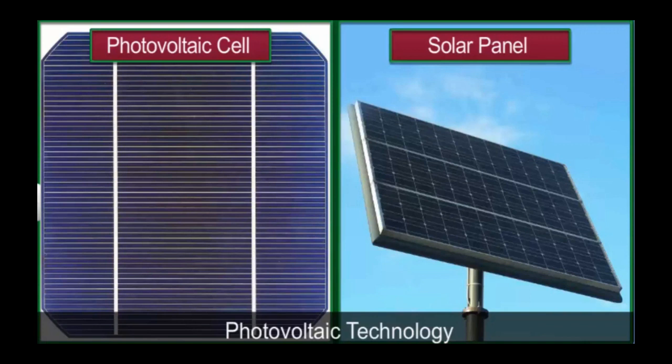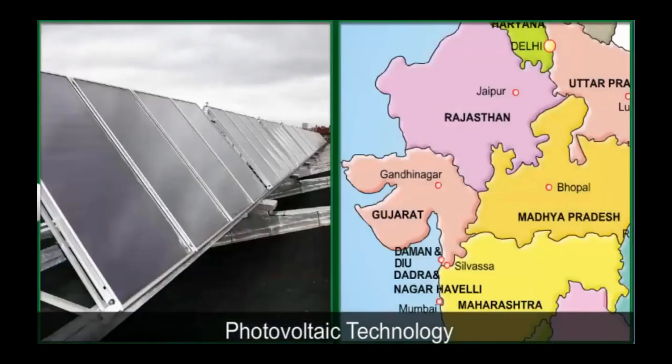The secret of using solar power lies in photovoltaic technology. This technology uses panels made of photovoltaic cells that trap solar energy and convert it into electricity. A milk can sterilization facility in Madhapur near Bhuj has the largest solar power installation in India.